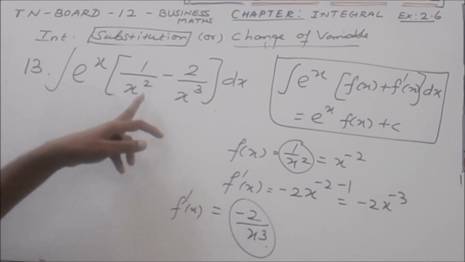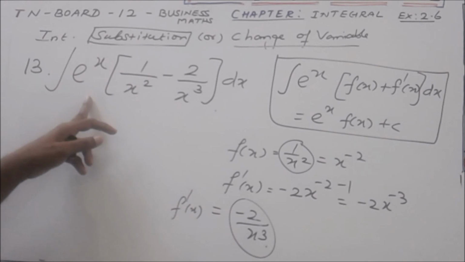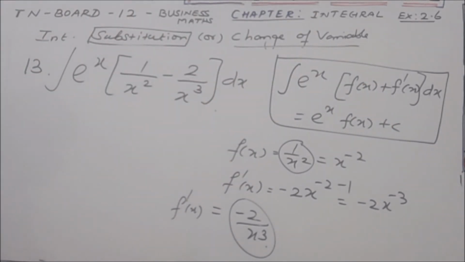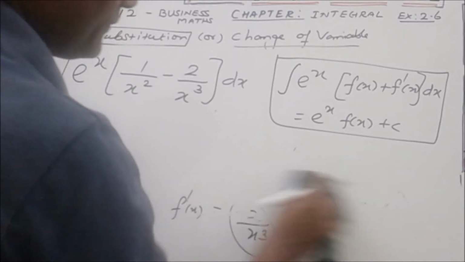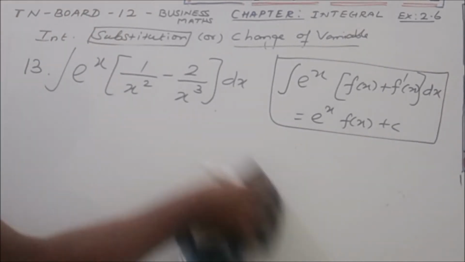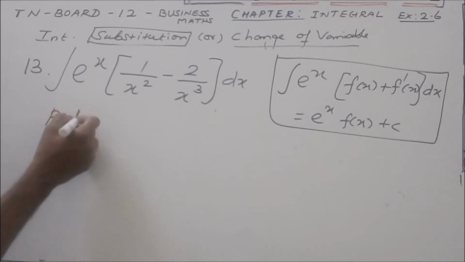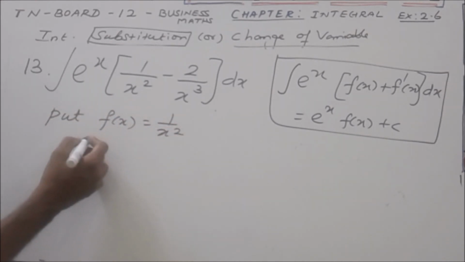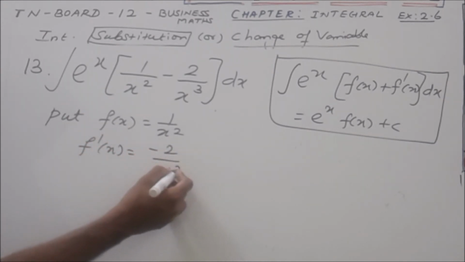So it will follow this formula: take f of x first and then write f dash of x, then go with the formula of integral e power x into f of x plus f dash of x dx. Put f of x equal to 1 by x square and f dash of x equal to minus 2 by x cube.